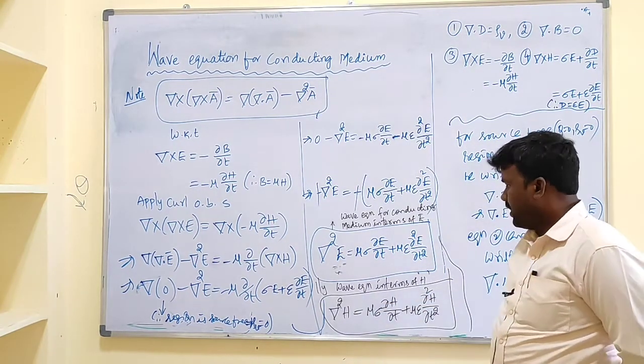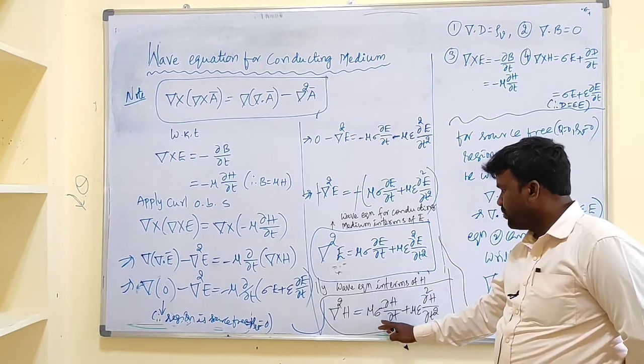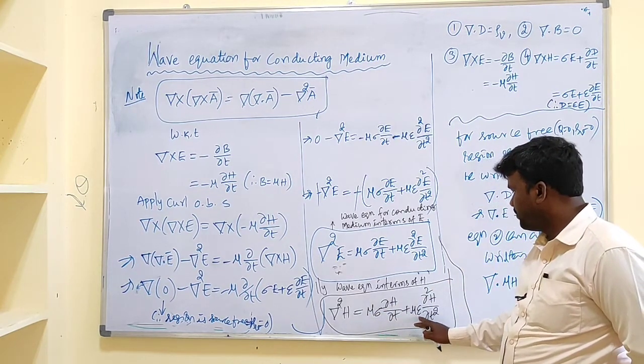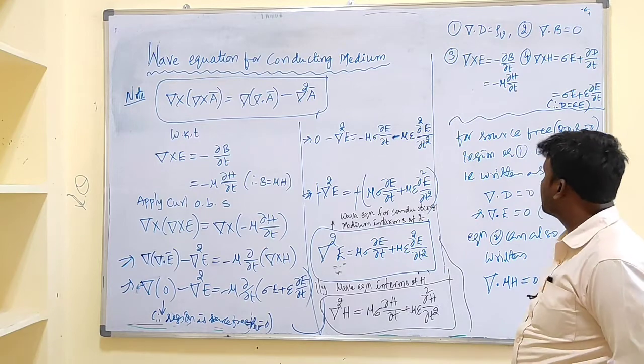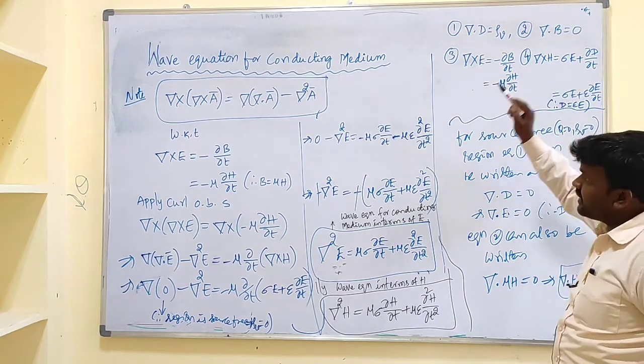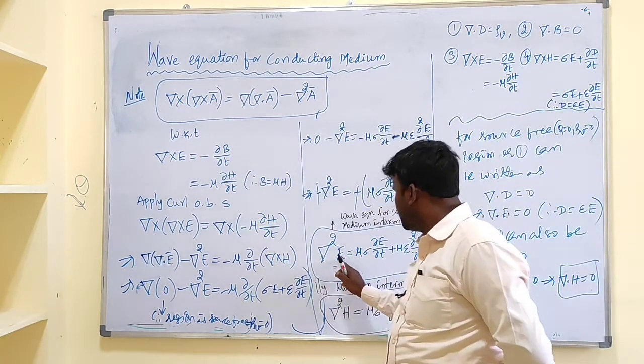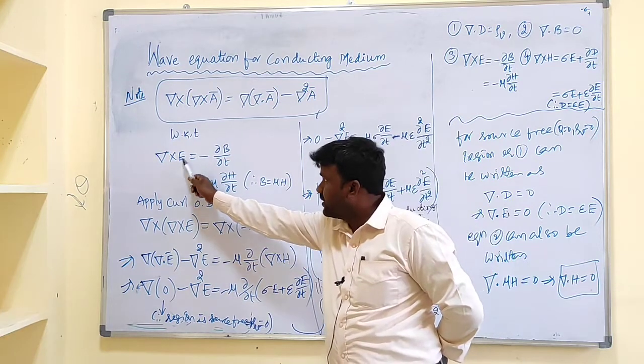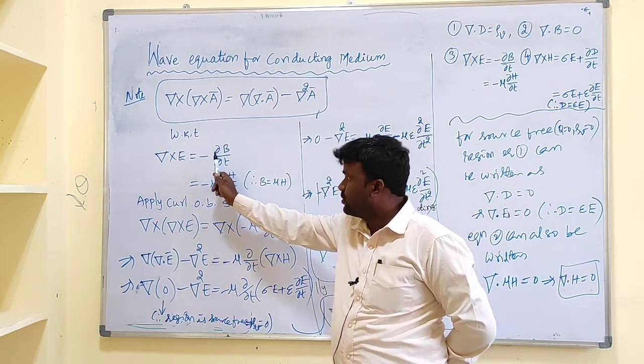How can we derive this del square H equal to mu into sigma dou H by dou t plus mu into epsilon dou square H by dou t square? We got the wave equation in terms of E by considering del cross E equal to minus dou B by dou t.